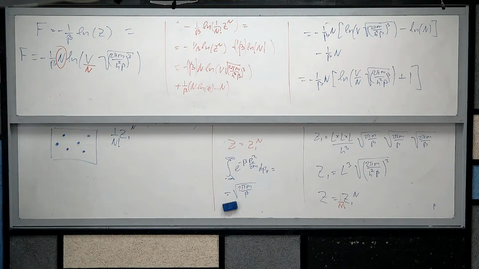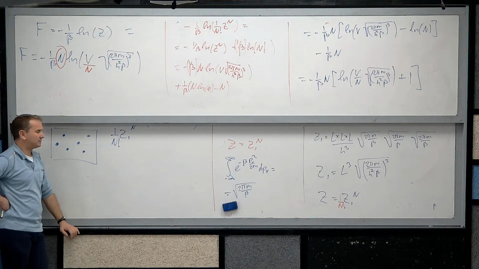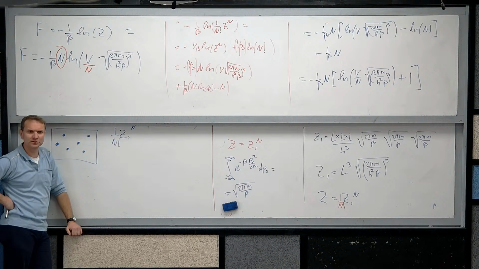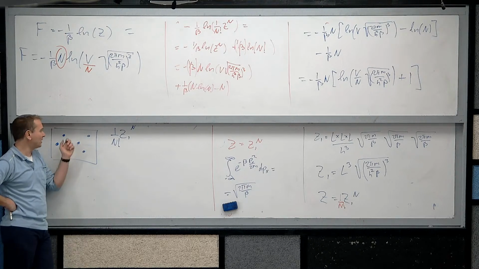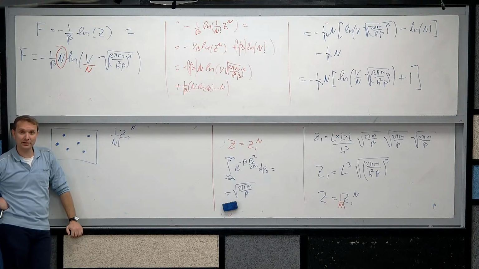So this simply goes as 1 over n factorial. But I know which particle is which. So you're telling me that all the particles are exactly the same, and I don't care who I pick.